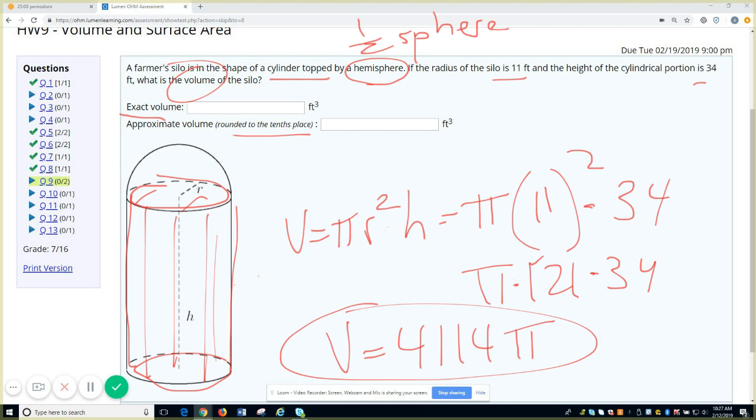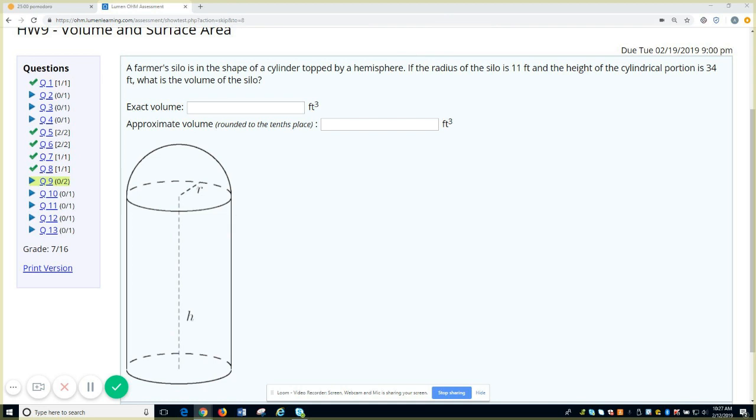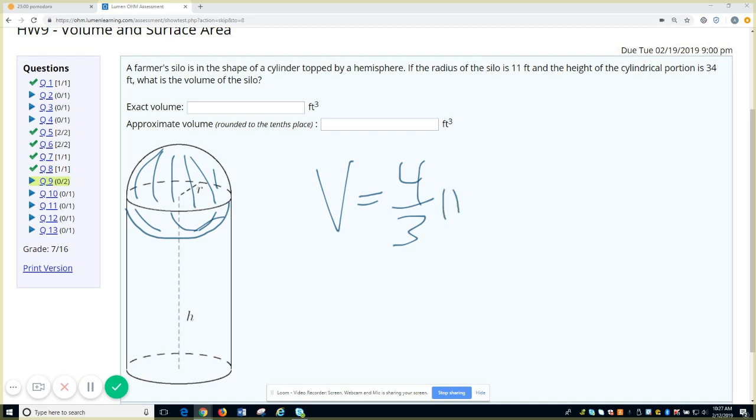Now, we still need to find the volume of the dome part. The dome part, as you can see, is basically half of a sphere. And so the volume of a sphere is 4/3 pi r cubed.